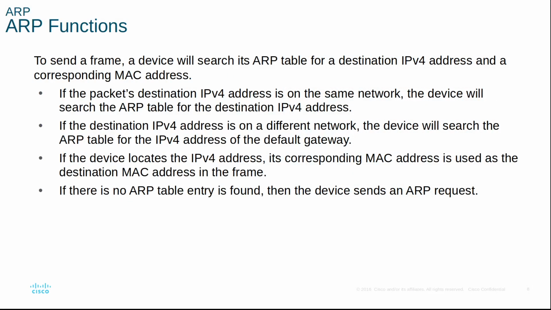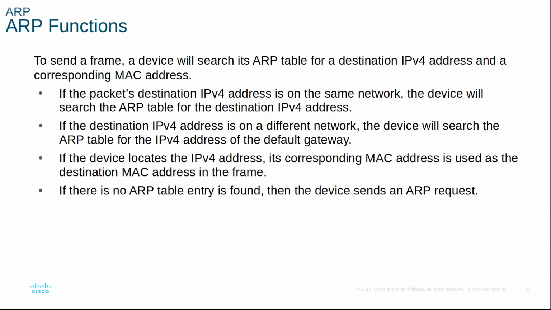To send a frame, a device searches its own ARP table for the destination address, and when it finds one, it pulls its corresponding MAC address, builds the frame, and sends it on its merry way. If the packet's destination is on the same network, the device will search its ARP table for the destination IPv4 address.